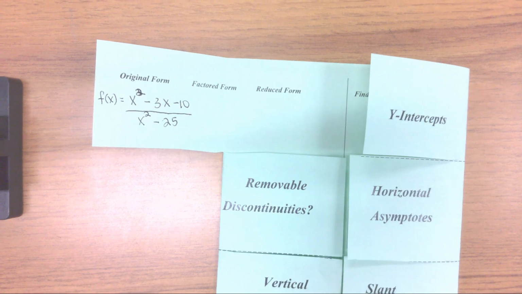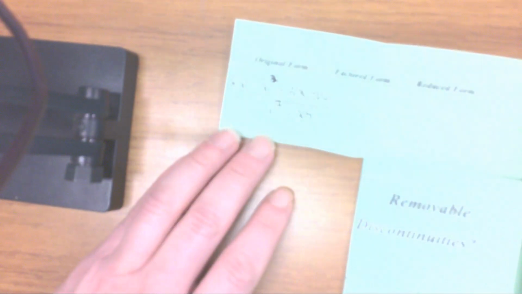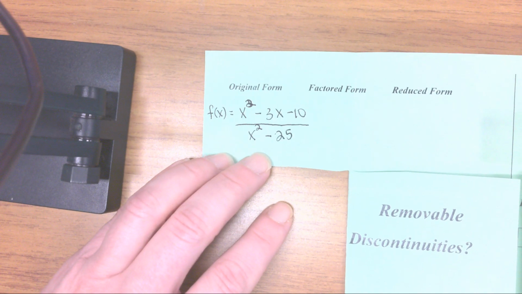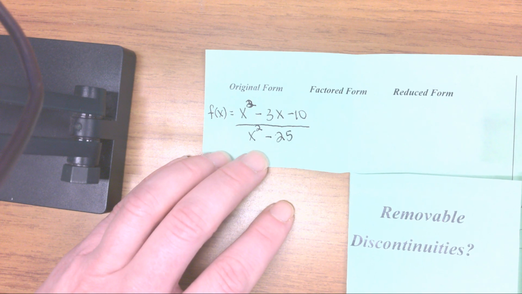Okay, so if I did give you something like this, we don't know anything about holes or asymptotes or x-intercepts, so you would need to factor it.